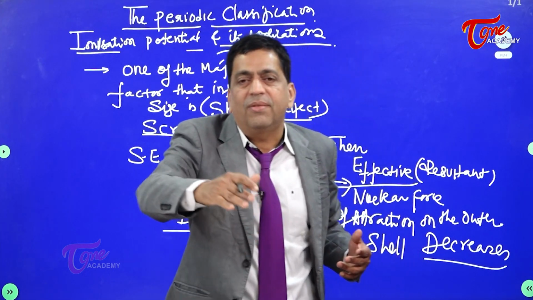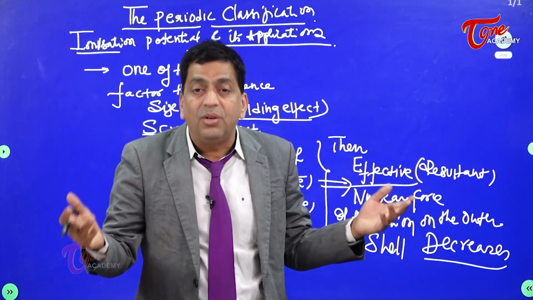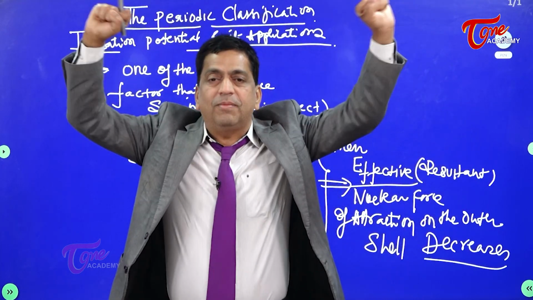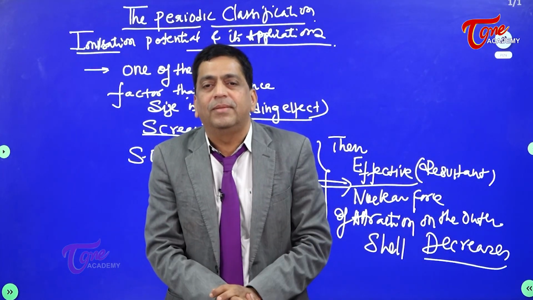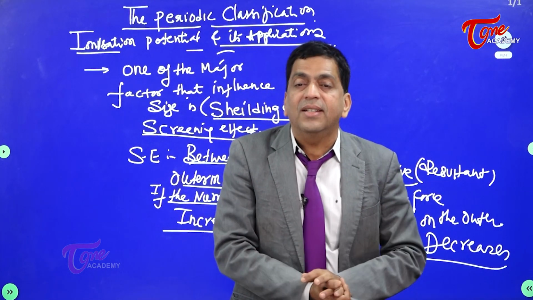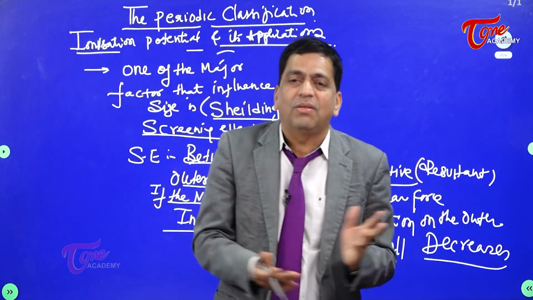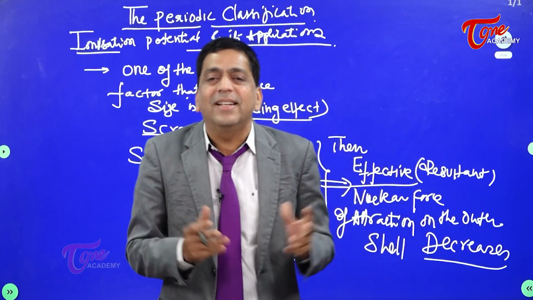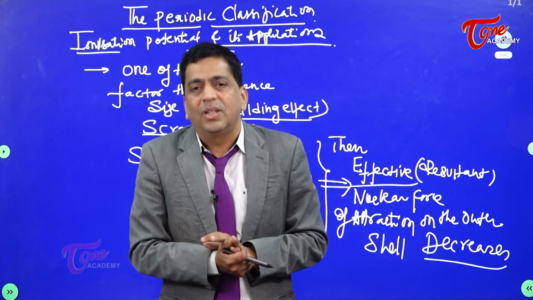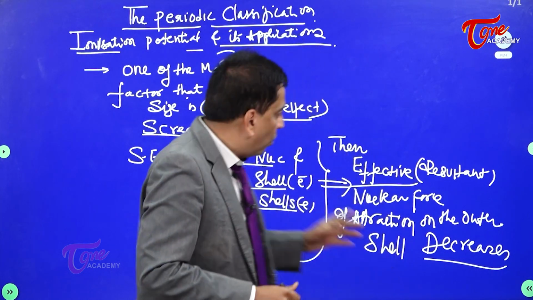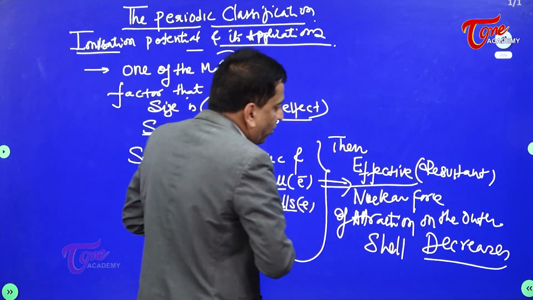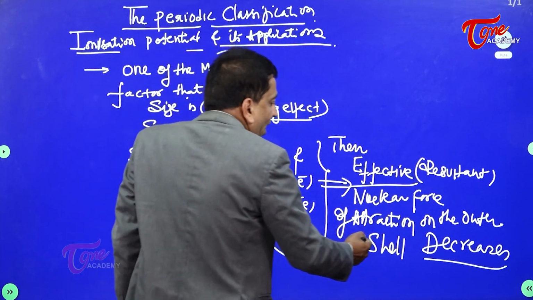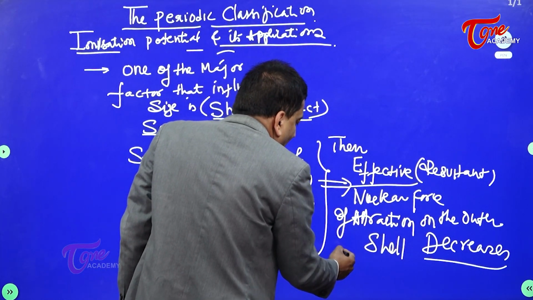When there is no great nuclear force of attraction on the outermost shell, then the outermost shell relaxes. When it's relaxing, you can kick the electron out with lesser energy. You must understand it, right? So I say the nuclear force of attraction on the outermost shell decreases.